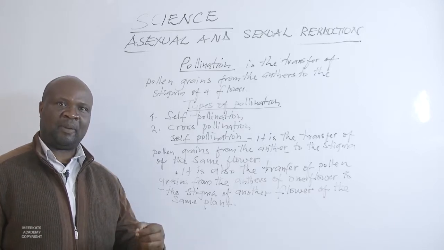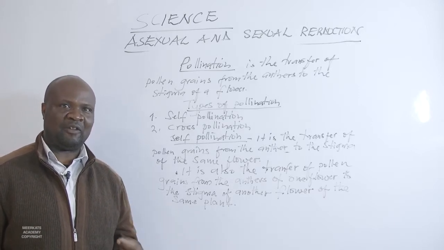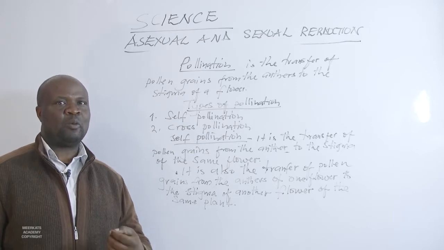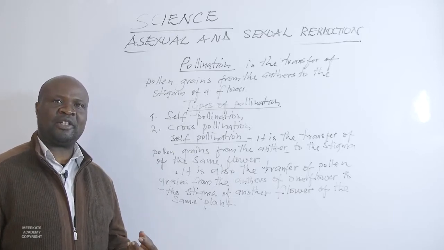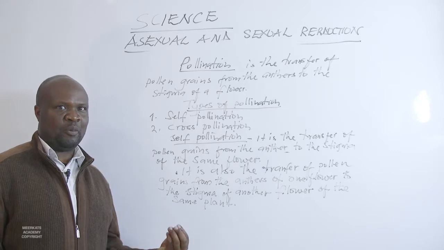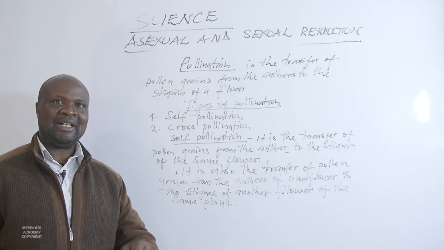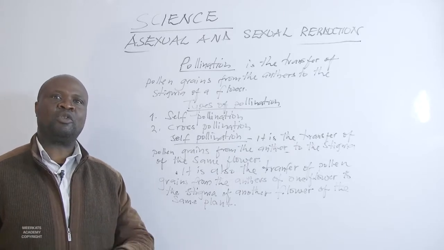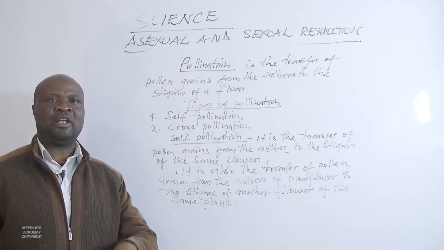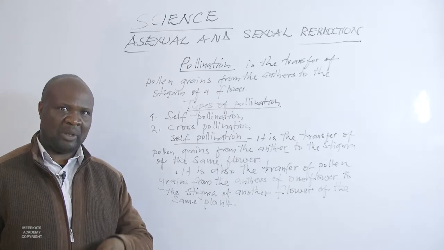So self-pollination can be explained in two ways. One, when the pollination takes place within the flower itself. Two, when the pollen grains from the anthers move from one flower to another flower of the same plant; it is still self-pollination because all these flowers belong to the same plant.